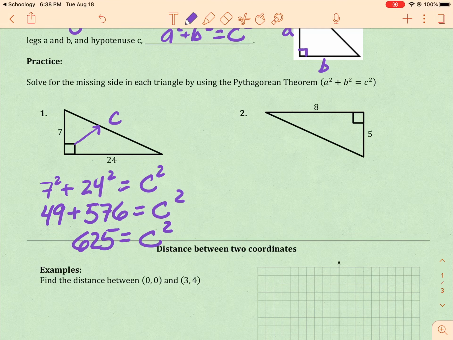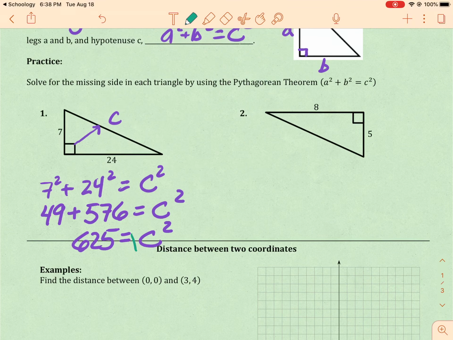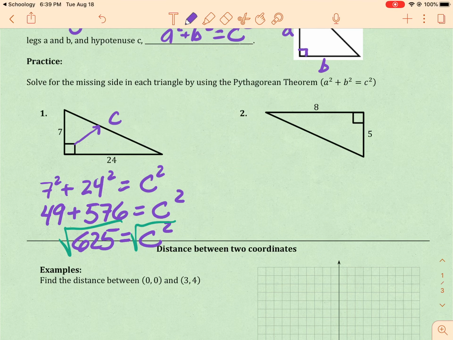In order to undo the c squared and find out what c is, we square root both sides. Typically, when you square root something, you get two answers, a positive and a negative. But because we're talking about the length of a side of a triangle, you can't have a negative length. So we're only looking at the positive root in this case.